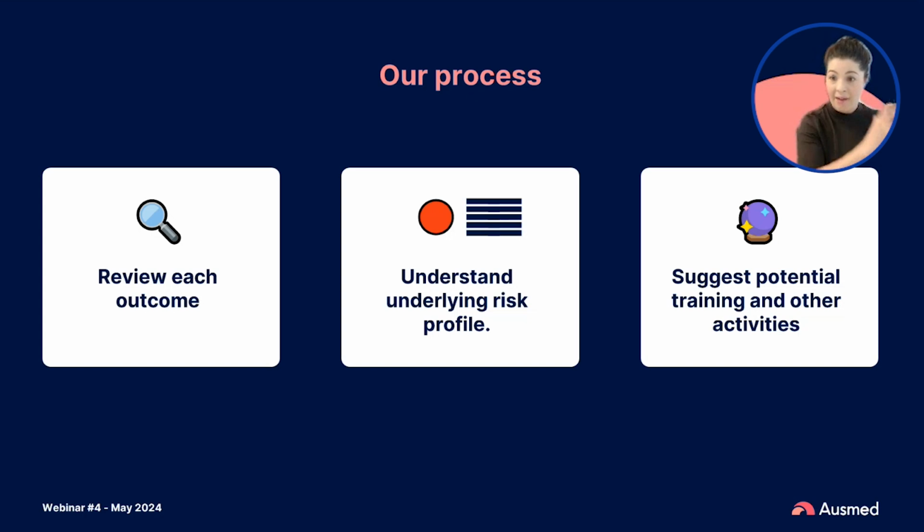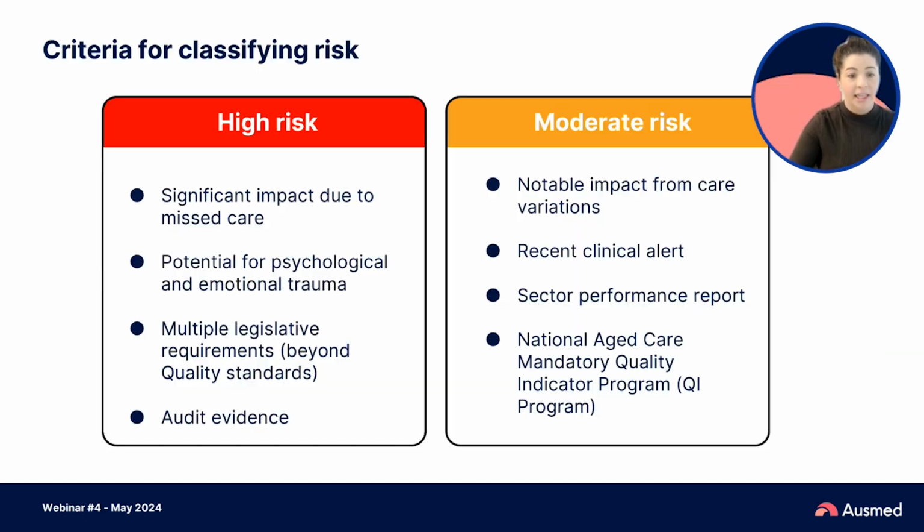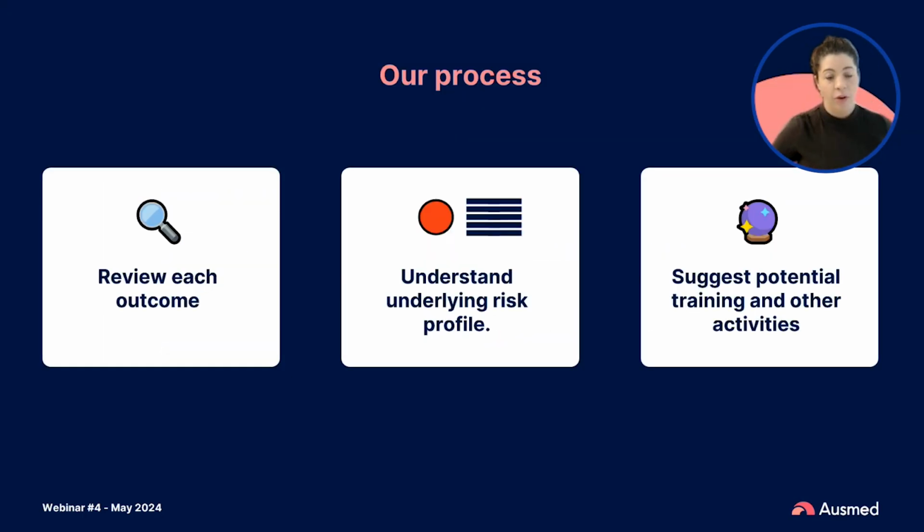We believe that after you've done your gap analysis, you need to have a consistent approach to working out what requirements need to be addressed with training, and or what other activities there are. So we're reviewing each outcome, understanding the underlying risk profile, focusing on moderate and high risk, and from there we're able to identify is training required and or other activities.